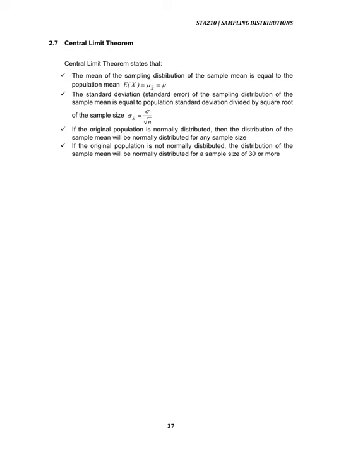Okay, now I want to explain about the central limit theorem. Actually, what we did just now was by referring to the central limit theorem, CLT. The central limit theorem states that the mean of the sampling distribution of the sample mean is equal to the population mean.